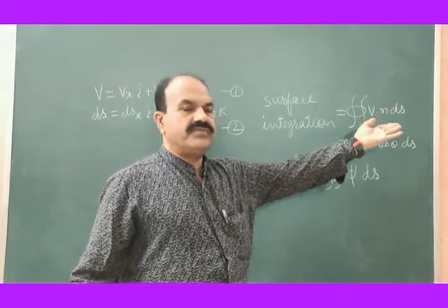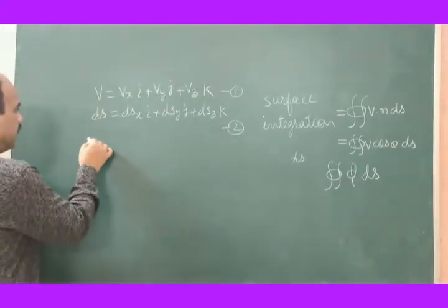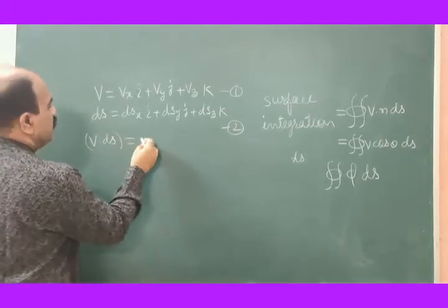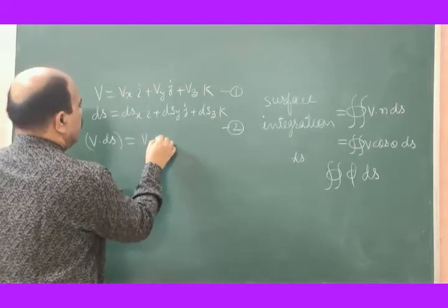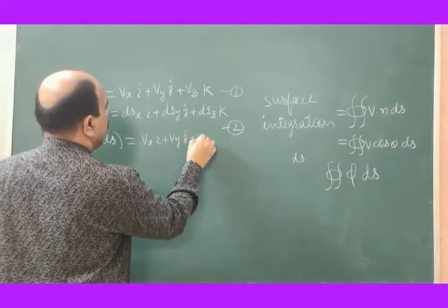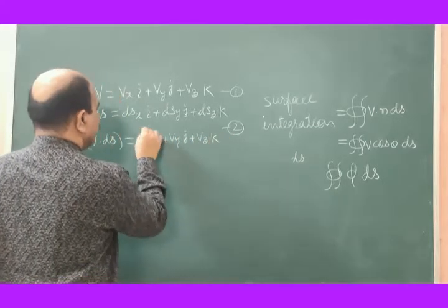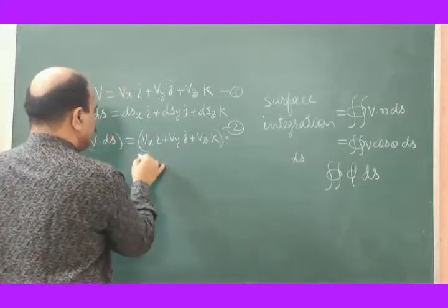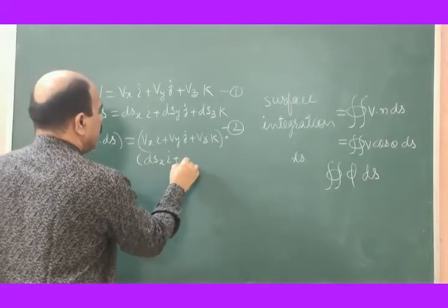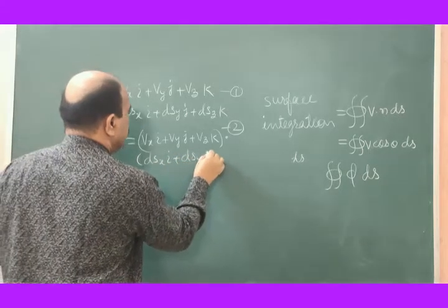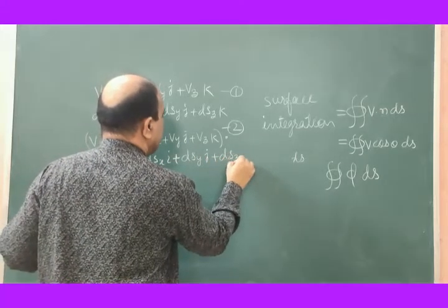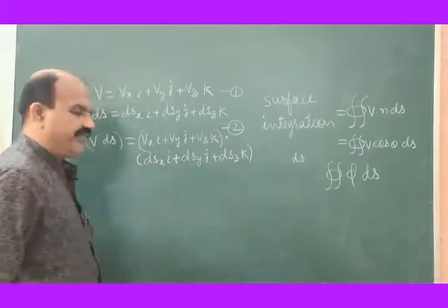What do we want? This one, and that is what v dot ds is equal to (vx i plus vy j plus vz k) dot, in the other bracket, (dsx i plus dsy j plus dsz k).